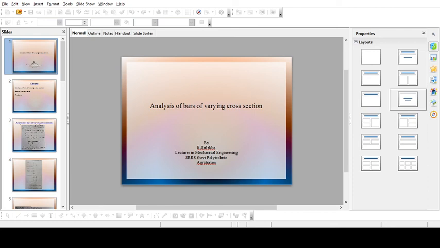So the stress in the first piece is P by A1. Next, elongation is got by the formula: stress by modulus of elasticity into original length. Instead of stress we write P by A1, so it is PL1 by A1E.